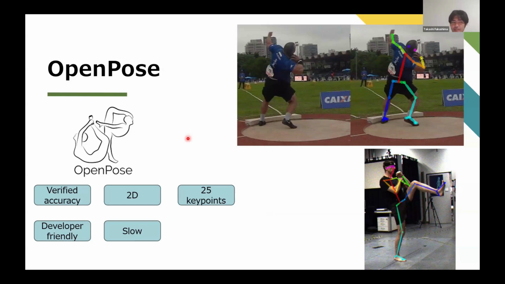OpenPose is the name of a pose estimation model, which is an AI, artificial intelligence, which can detect human joint locations from video or image. Like you see in the picture here, this is the input, and the AI did the analysis and detected the human joint locations like the hip, elbow, shoulders, wrist, knee, etc. And the same for this picture as well.